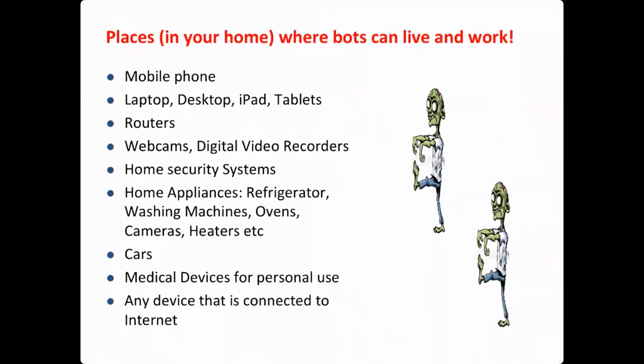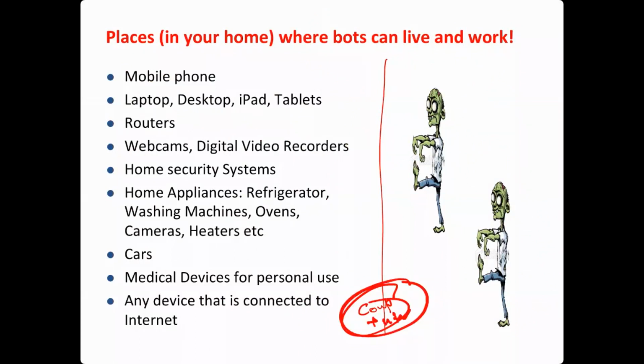And these bots can be anywhere, wherever there is computing happening or whatever you have made intelligent, like a refrigerator, car, or whatever, and there is internet. These can be there, right?